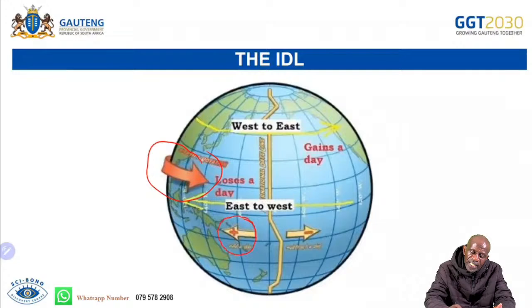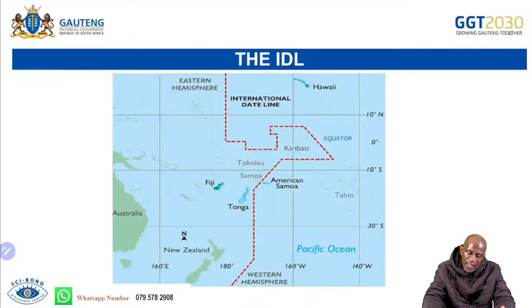You are losing 1 day, and when you are moving eastwards and you cross the IDL, as the yellow line indicates here, you gain a new day. Right. This is just a demonstration of the IDL, which we are saying stands for International Date Line. And once crossed eastwards, you would add another day. And once crossed westwards, you subtract 1 day as well. This is what I've just been explaining.